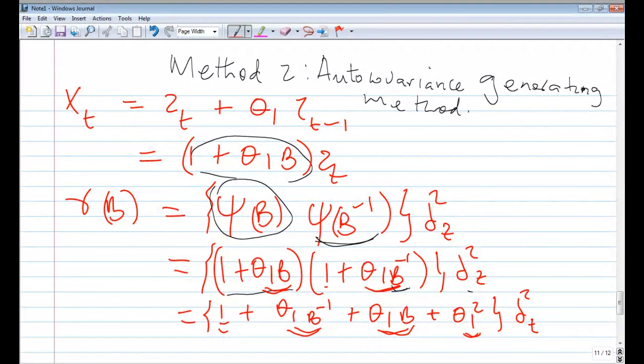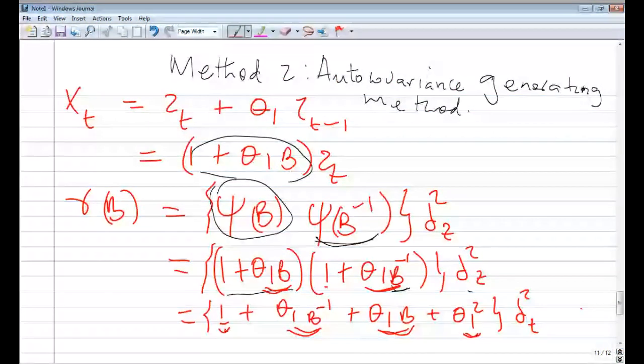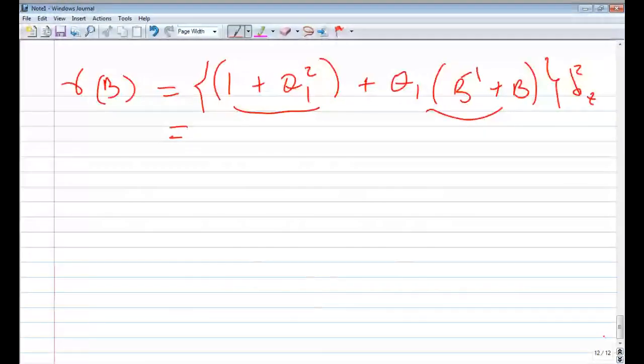Then from there, the next one, you group those that are constant together. So the constants are 1 and theta 1 squared. Group them together. Then to get the next one, we find the common factor. It's theta 1 B inverse plus theta 1 B. So the common factor is theta 1, then open brackets B inverse plus B. This is what we've done.